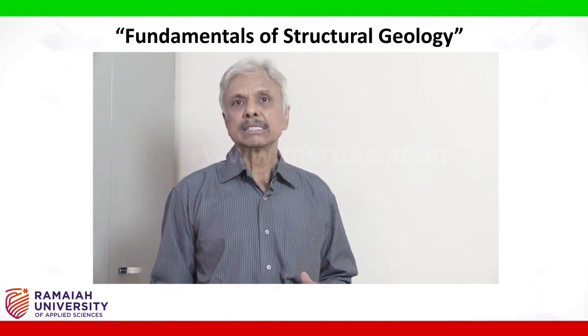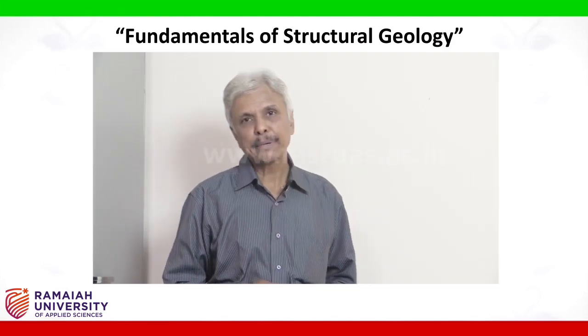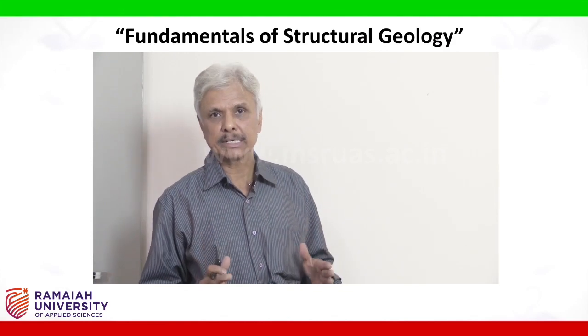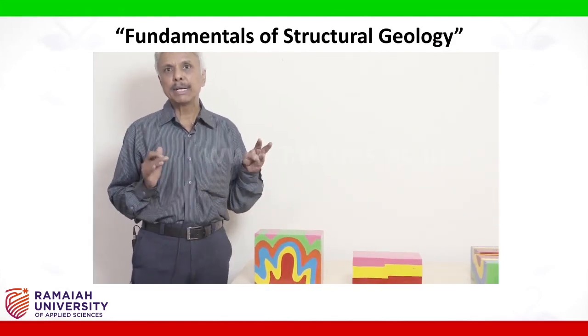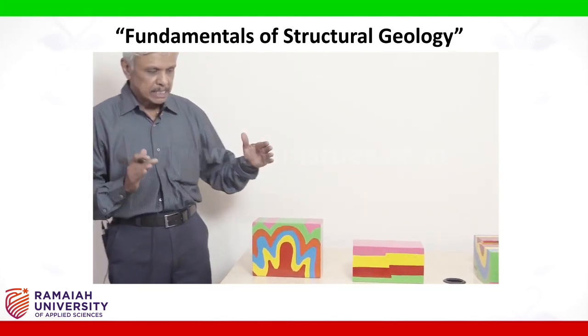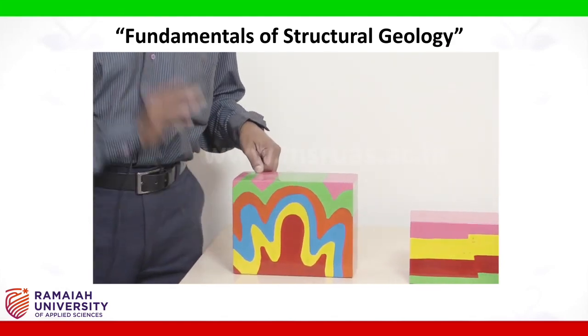The directional stress is classified into three types, namely compressional stress, tensional stress, and shearing stress. The compressional stress gives rise to a unique geological structure called folds. Generally, a horizontal bed, when it gets compressed, develops undulations, and such structures are called folds.